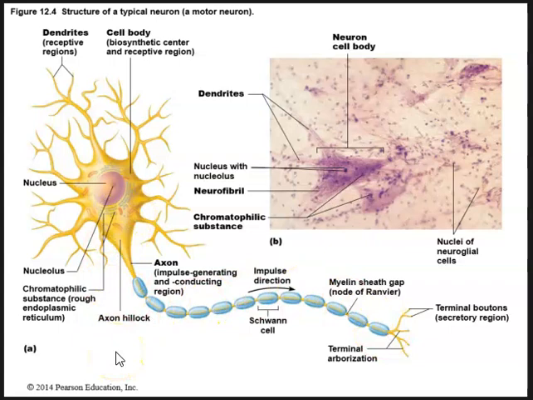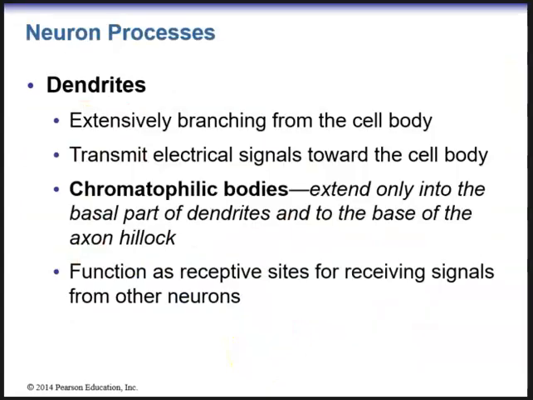We might be able to see some chromatophilic substances, some Nissl bodies within the cell if it's stained correctly. So we know that the axon actually has these cells surrounding it that help with conduction of impulses, and we'll get into those different types of cells in just a bit.